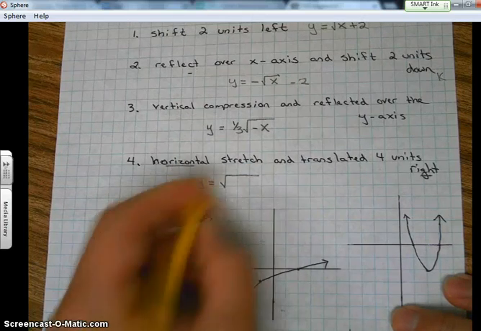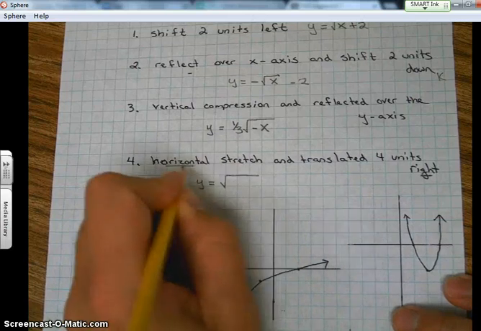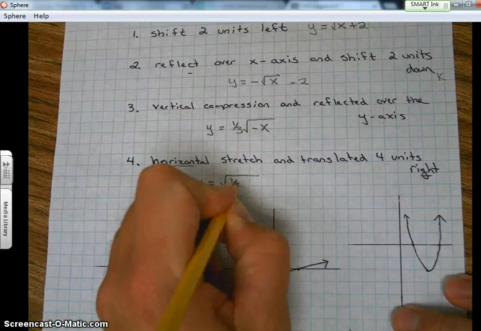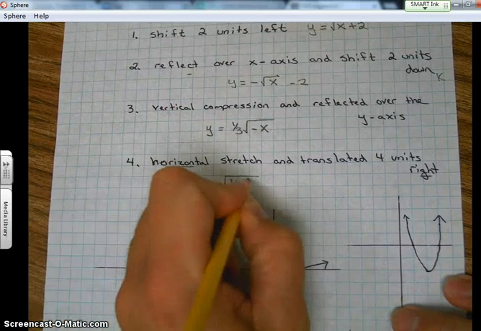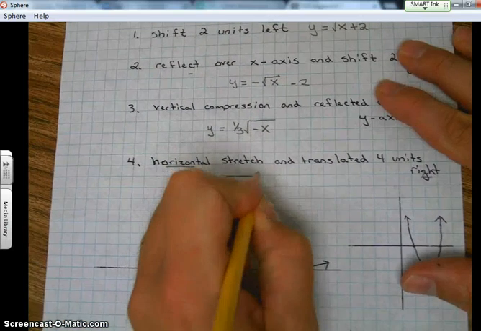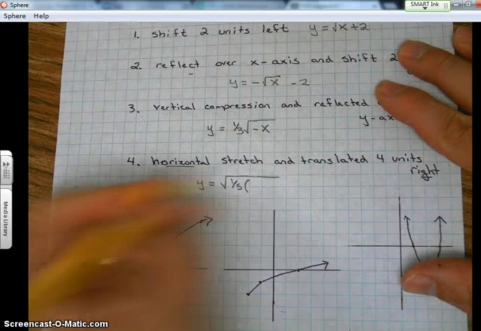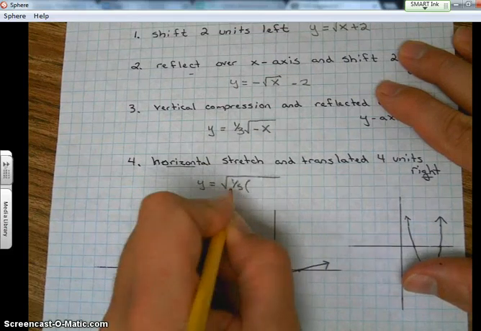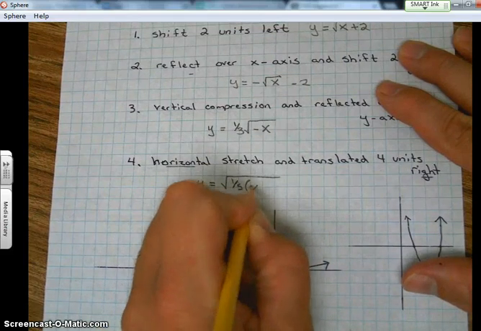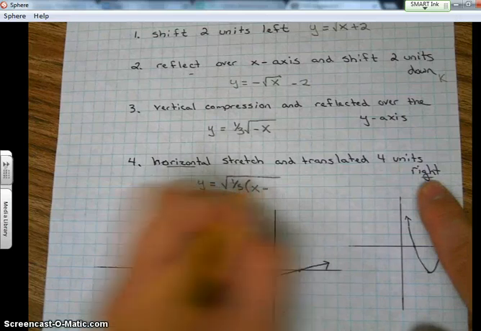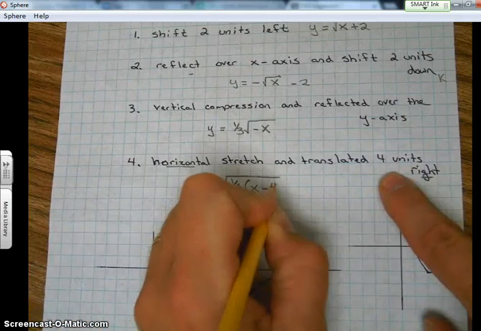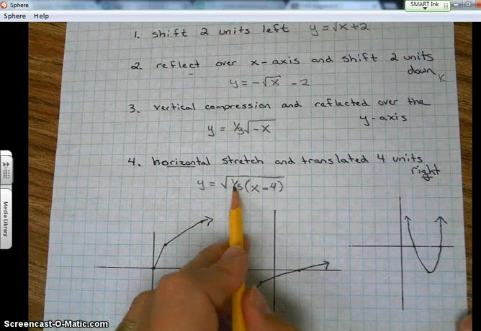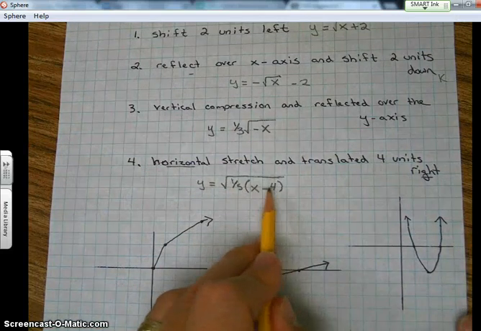Okay, so we're going to use a number between 0 and 1. I'm just going to go ahead and choose 1/5. And then I have to use these parentheses, so that way I have my translation separate from my stretch. So x minus 4. Horizontal stretch, translated 4 units to the right.